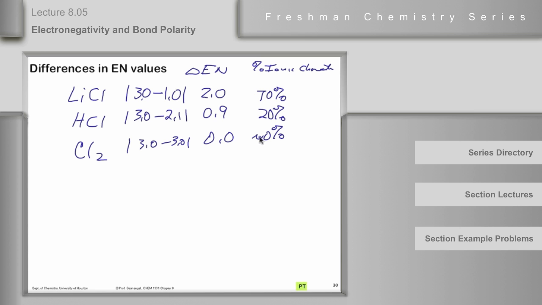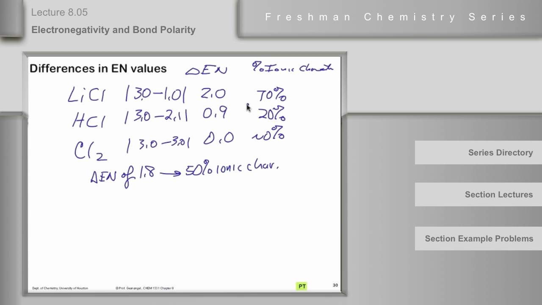Now, the line of demarcation for delta En is somewhere around 1.8. And this is a largely unsupported value. It's a little bit arbitrary. But it would indicate something like 50% ionic character. Okay?